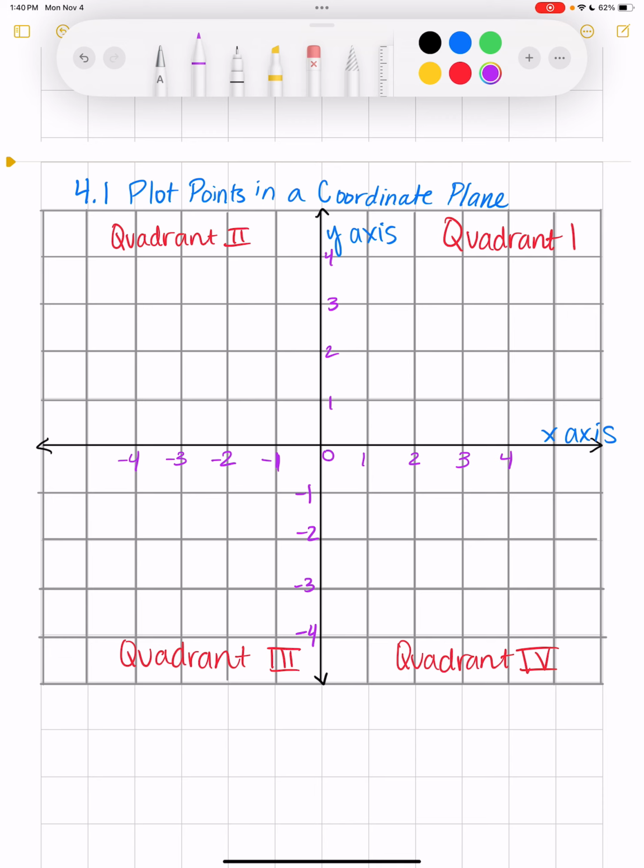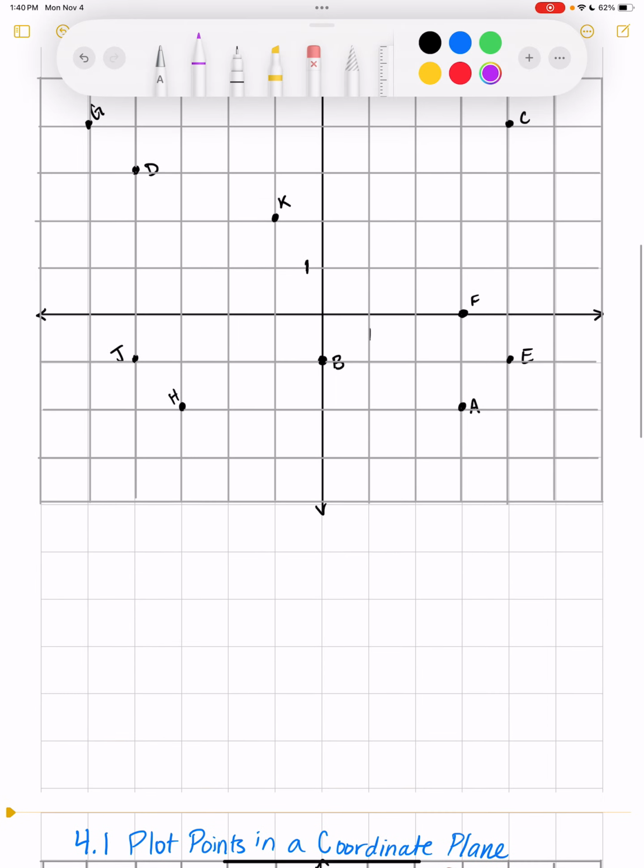Are we going to need graph paper for these lessons? It would be helpful on a few of the sections, but if you don't have graph paper, I may have some leftover that you can use, and I can also print sheets of graph paper off the internet. There's a few sections in here, like 4.1, where I've basically given you what you need.